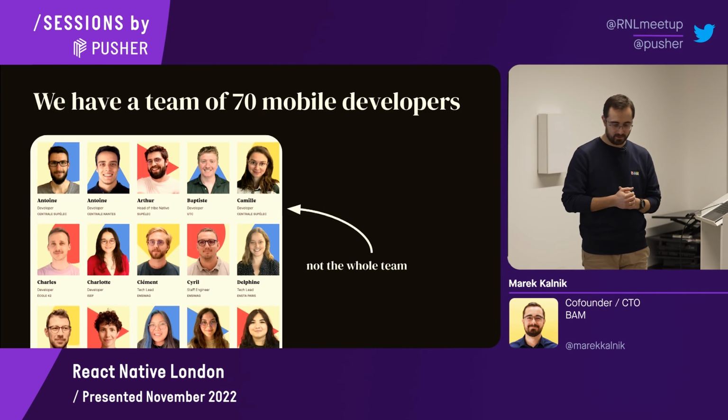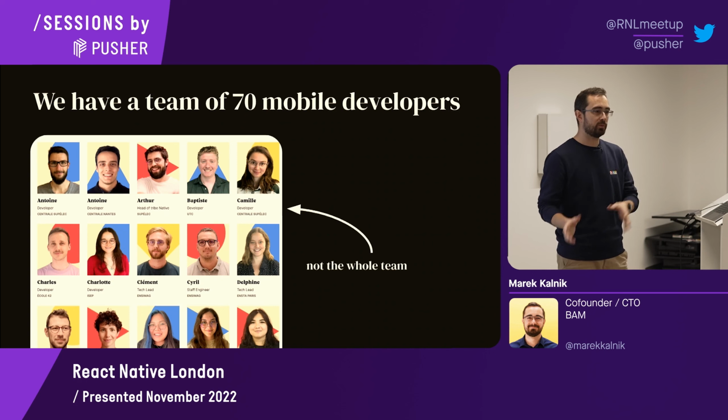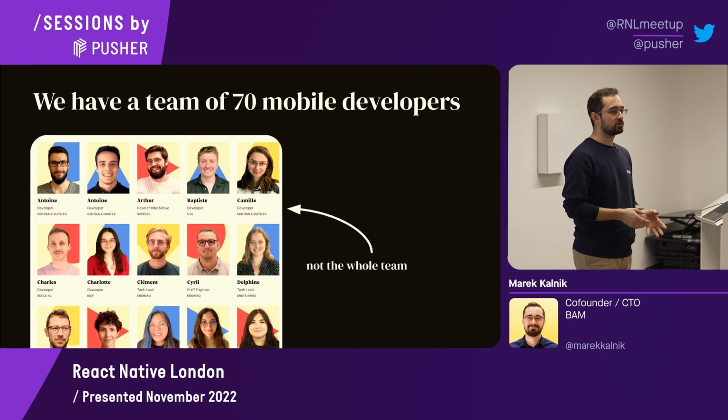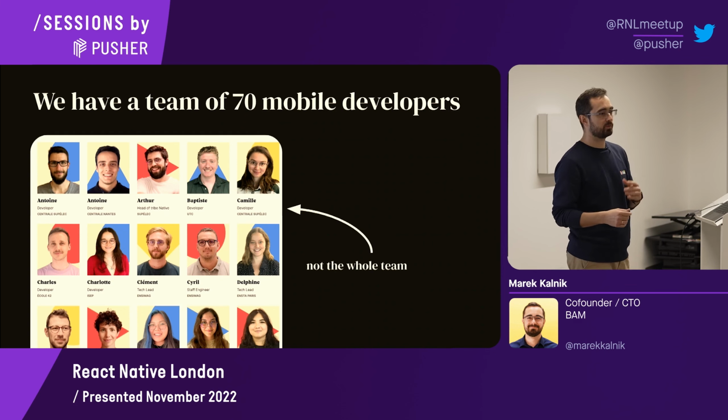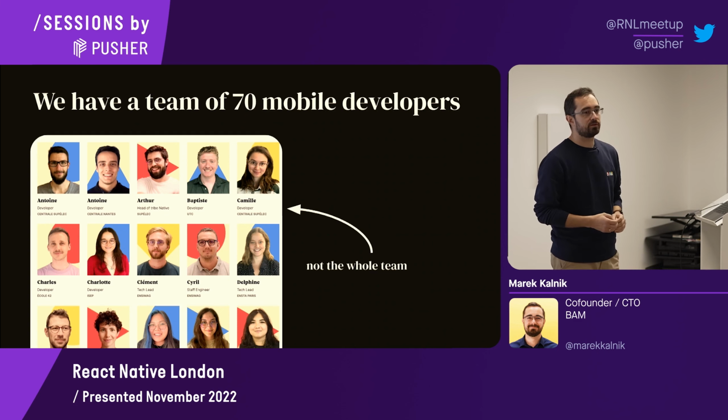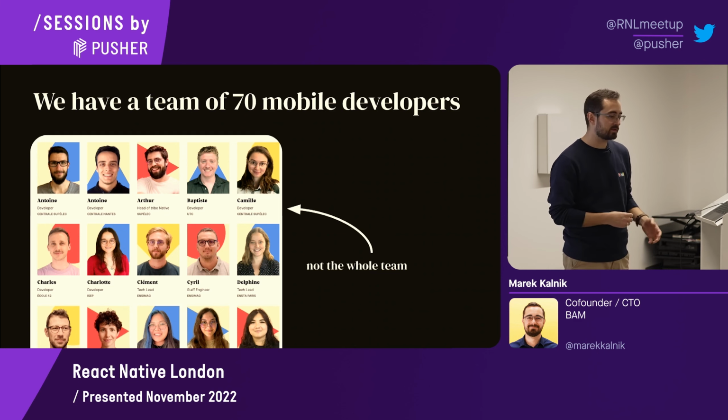At some moment in the company this year, I told myself, we have quite a big mobile team, and this team generates a lot of learnings. With every project we start, we need to choose the right technical stack, so people talk with each other and try to find the best solution for the client.